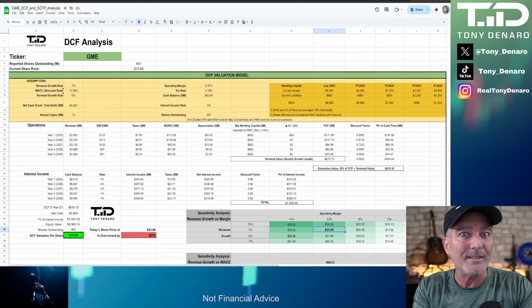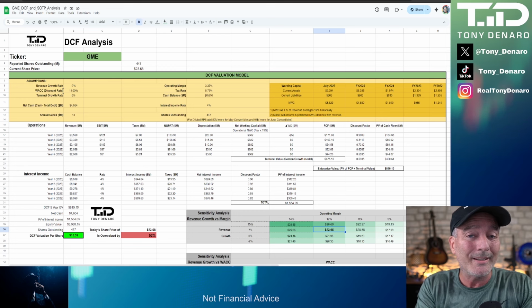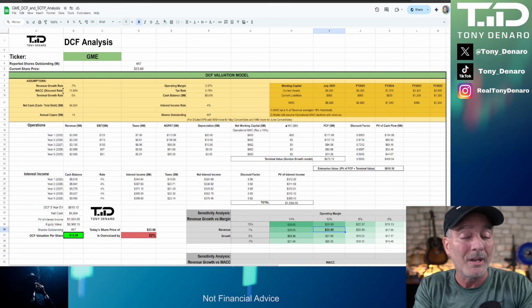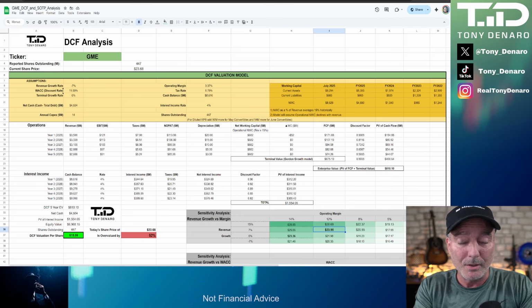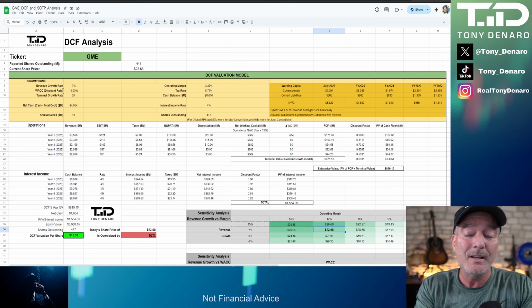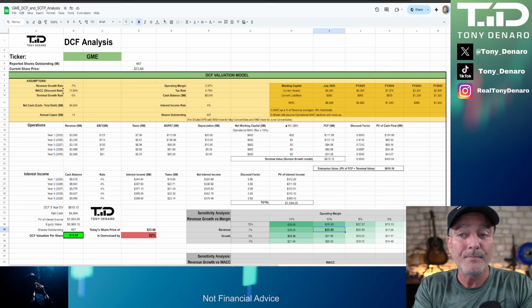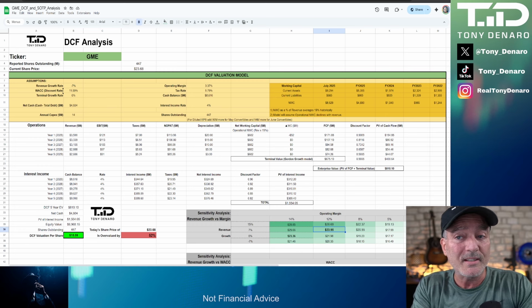$15.59 is not my price target. I'm in at $21.61, and I think I will exit that trade profitably when the stock gets its next volatility spike up. But until news from the company changes, where I can change some of these variables, maybe when we get the next quarterly results, this is what I have right now.